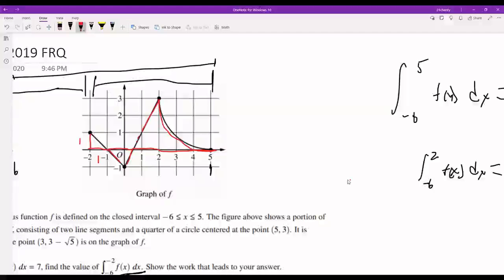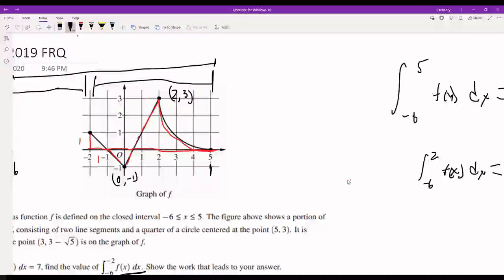This triangle is 1 tall, but we don't know how wide it is. It's not obvious, but we can see that this point is at 0, -1, and this point is at 2, 3, which means the slope of this line is 4 over 2, or 2.